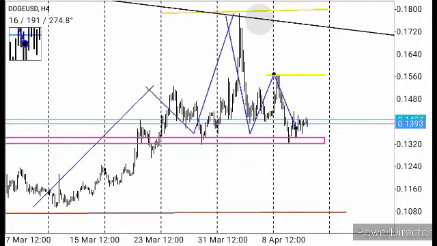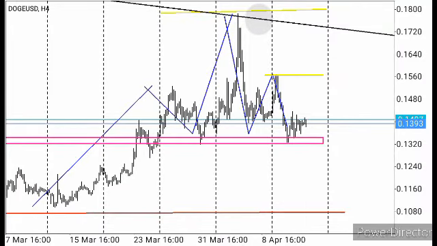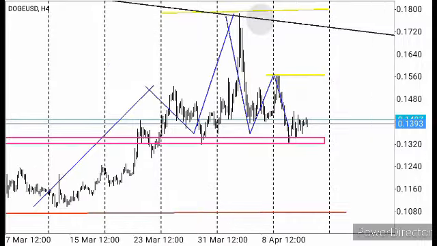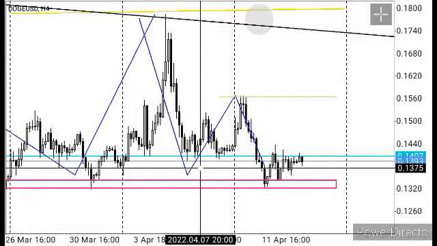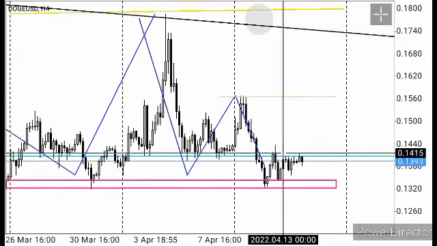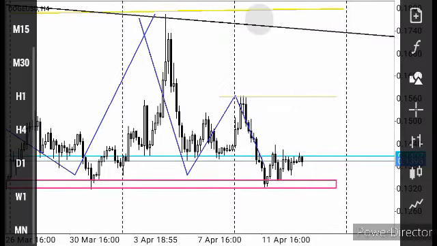Okay, so here we have the 4-hour chart. So what do we do on the 4-hour chart? The first thing that we do here is add our channels as well, just like we did with the daily chart, right? I can see that price is in an upward move over here, so I'm just going to add a channel.